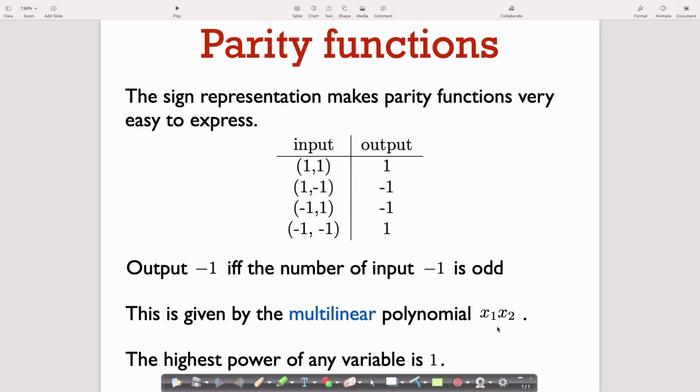So this actually gives a function that is linear in each variable separately. Think about this as a function of any one argument, holding all the other variables fixed. That is a linear function.